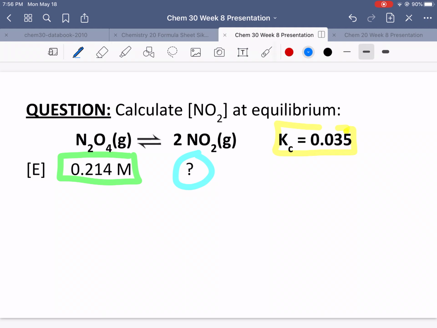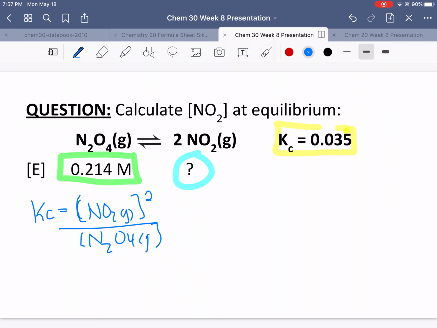So ultimately, the equilibrium law ends up being the exact same. NO2 gas squared, it's a square bracket 2, divided by N2O4 gas concentration, okay?